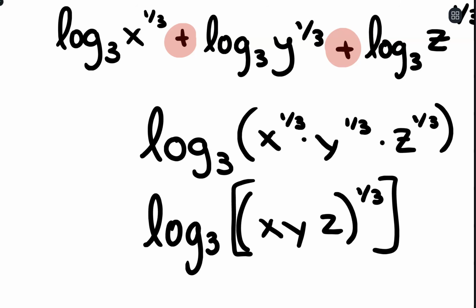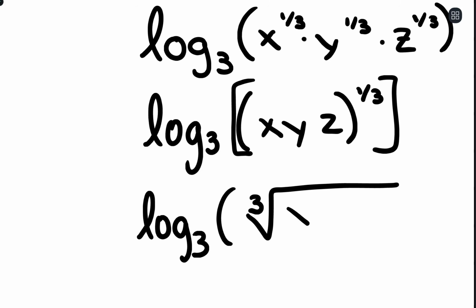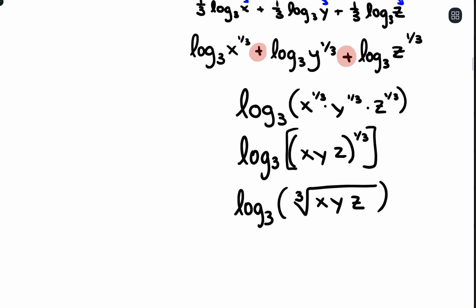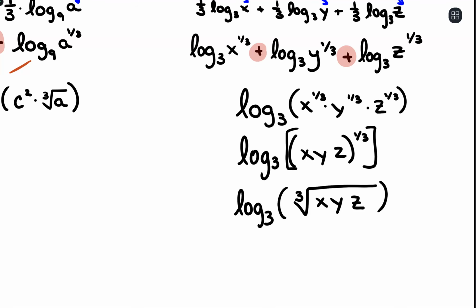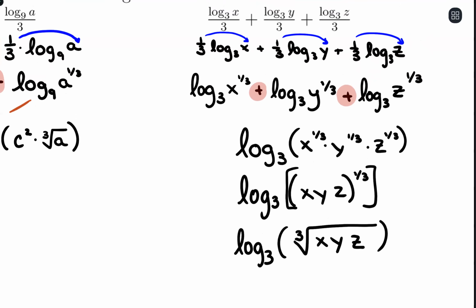That would be the same. You could also write it as log base 3 of the cube root of x times y times z. All of those are the same thing. We could have had them as 3 separated cube roots. There's a few different ways to go about it. If you did different steps like factoring out the 1/3, you should still get to that same answer in the end.